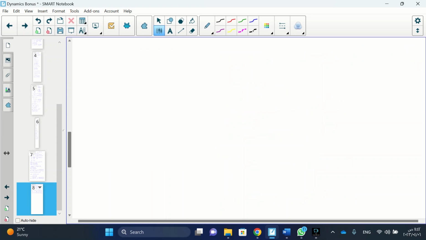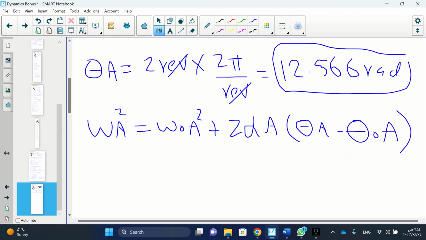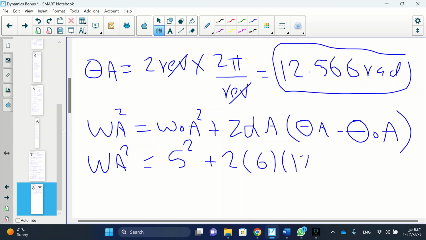Okay, so let's put these numbers here. Omega A squared is equal to omega A naught, which is 5 squared, plus 2 times 6 times 12.566 minus 0.